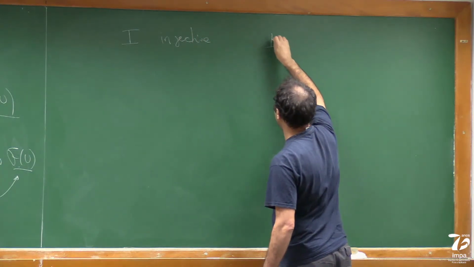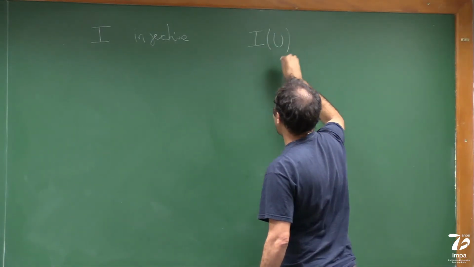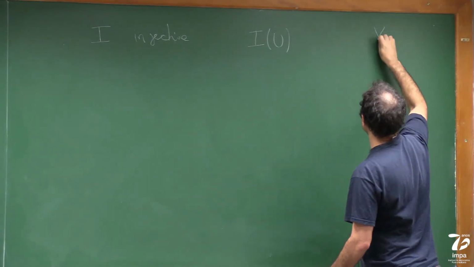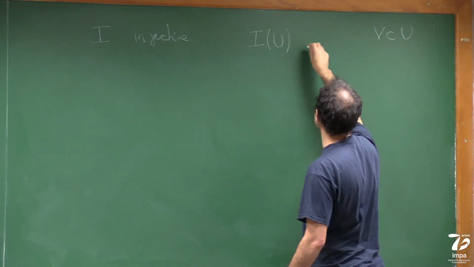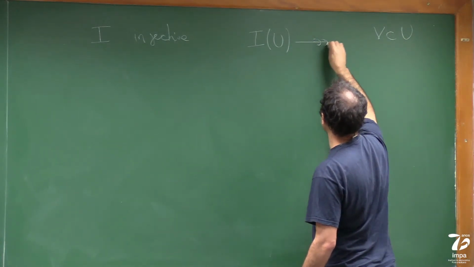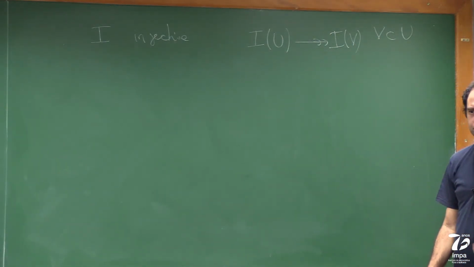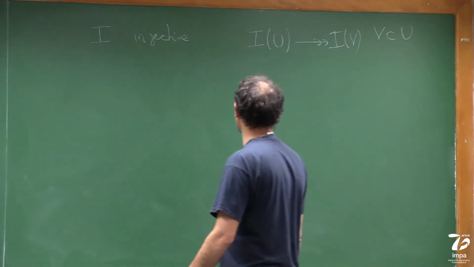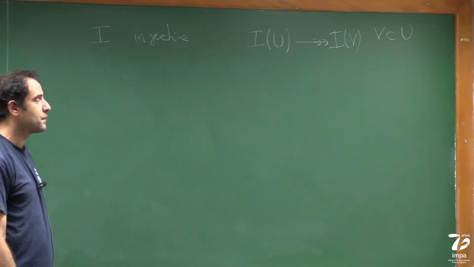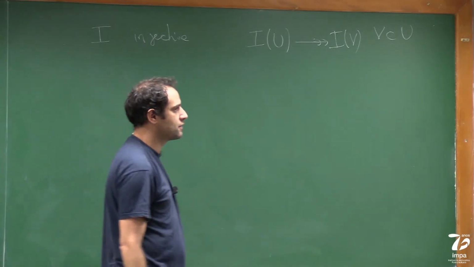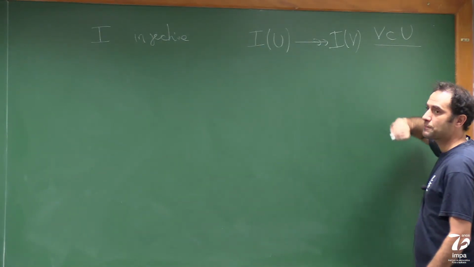What I need to check is that for an inclusion V into U, I of U surjects into I of V. That's the definition of being flasque. For any inclusion of opens, the restriction is surjective.